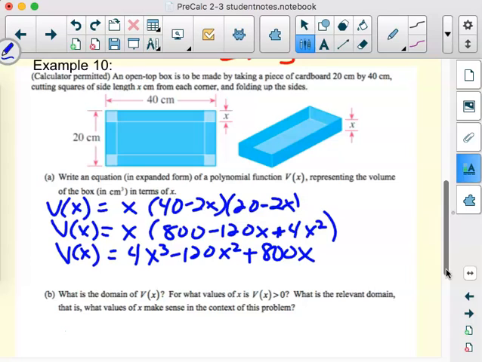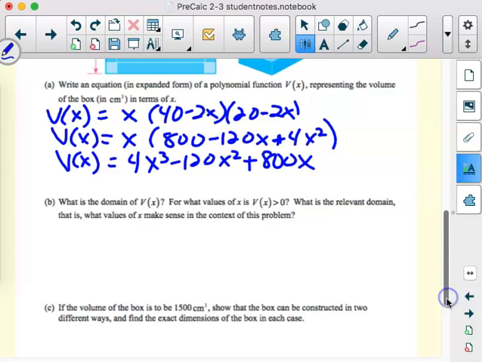And then at this point we're wondering, well, what do they want? We've got this open top box. We've written ourselves a model for it in terms of x. And then we go down to B, and they're kind of leading us through the steps that we used last time. And it says, what is the domain of v of x? For what values of x is v of x going to be greater than 0? So the relevant domain.